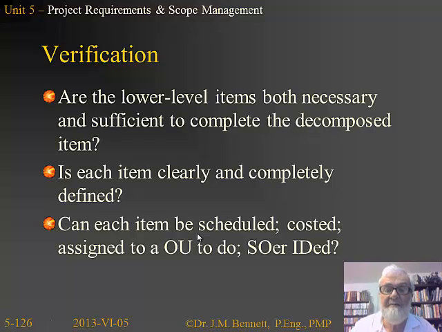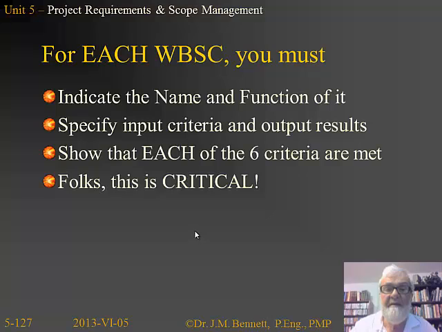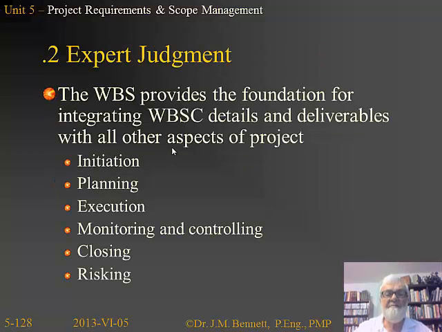Has the sign-off been identified? For each one of these, we have to indicate the name and function of the WBSC. We have to specify the input and output criteria and the mapping results we expect. We have to show that each of the previous 6 criteria have been met, and we have to do this for every single item in the work breakdown structure, and this is critical that we do this.